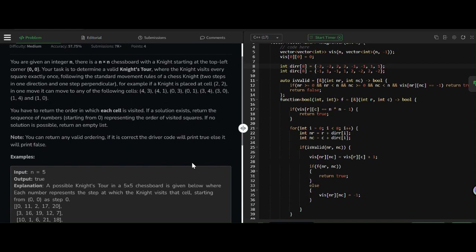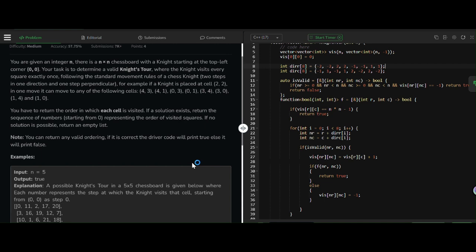Now, if I'm moving to an adjacent cell after making one move, there is also the case that, okay, if I make one move, now I want to make one more move to visit another adjacent cell, and in this way, I will keep moving from each of the cells.